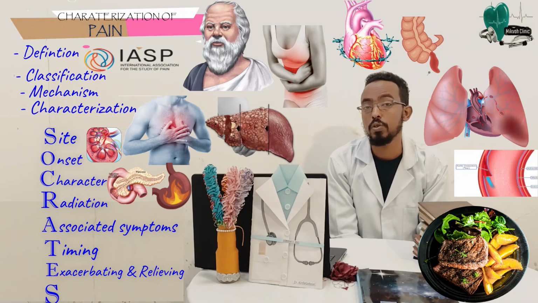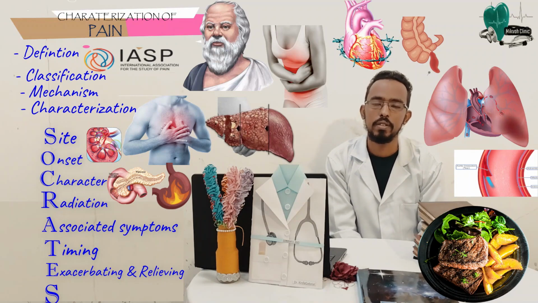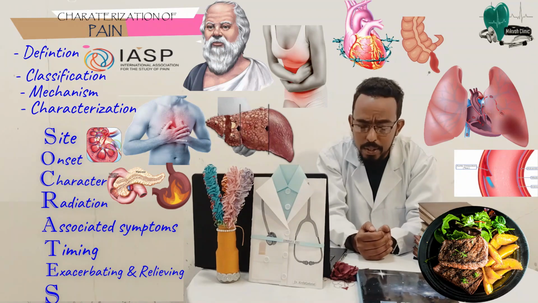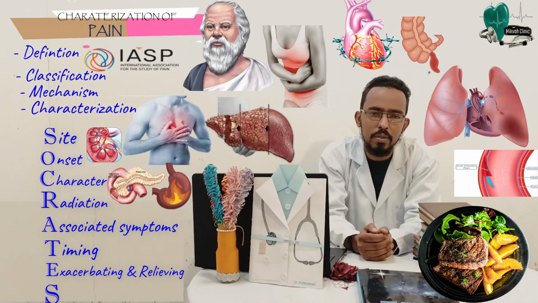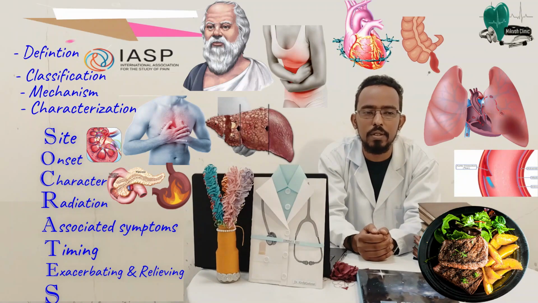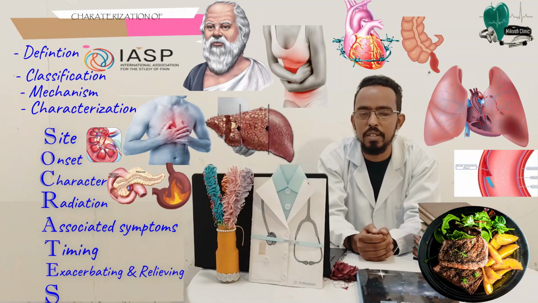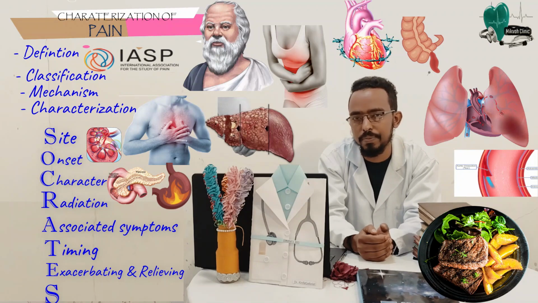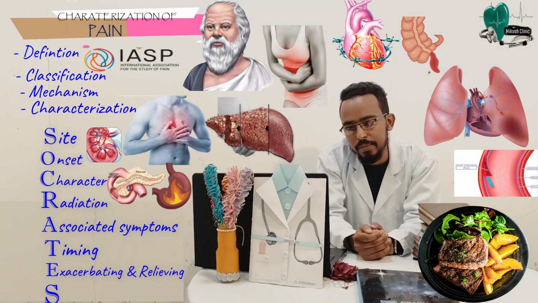Don't forget that most patients don't come to hospital with a single symptom, rather they come with a constellation of symptoms. It is the job of the physician to bring those symptoms together and then reach the diagnosis. So we always have to assess the associated symptoms along with it.